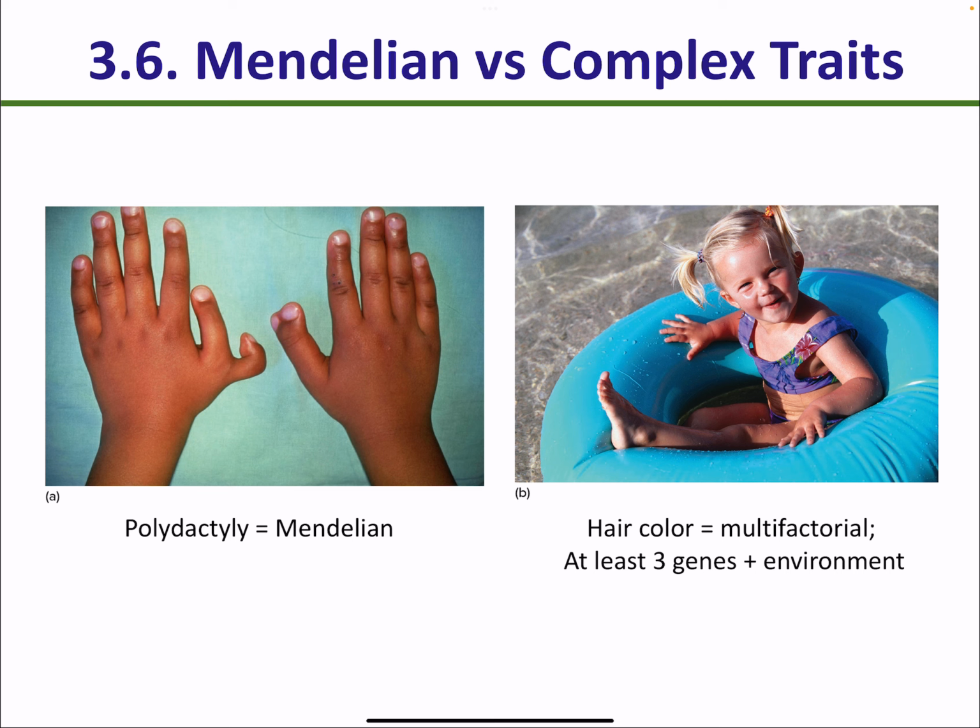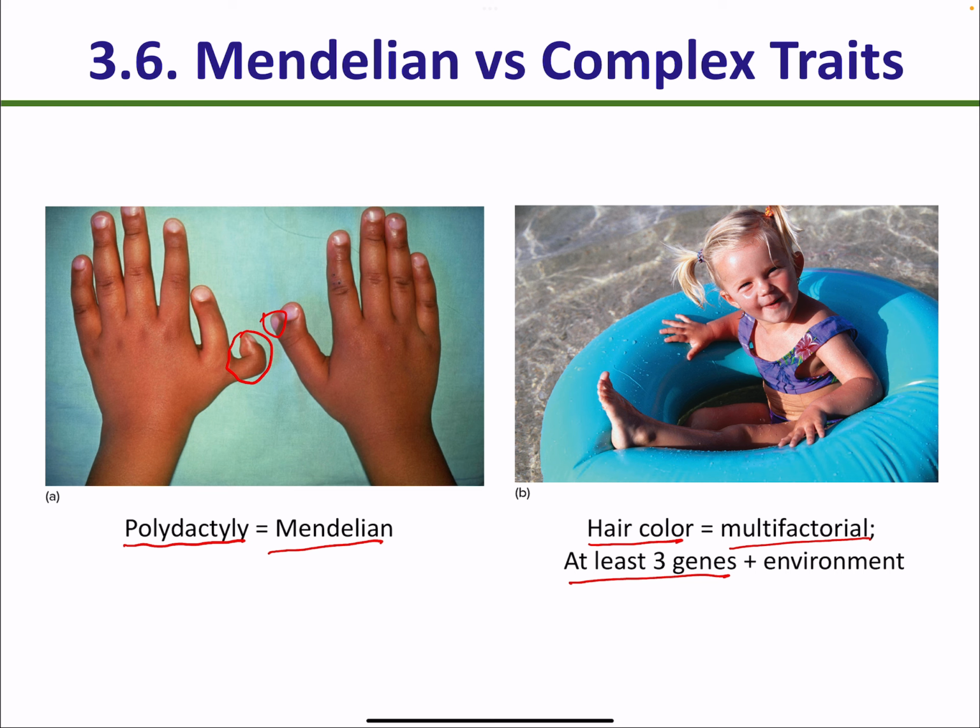One example of a Mendelian trait is polydactyly, right, which is having an extra finger on the hand or extra toes. It's a Mendelian trait, while hair color is a multifactorial trait because you have at least 3 genes that are responsible for the color of your hair.